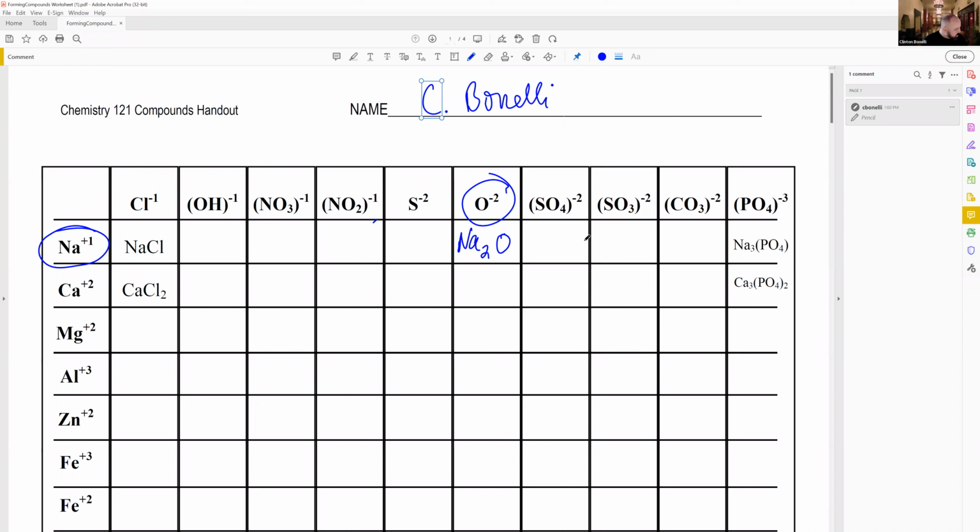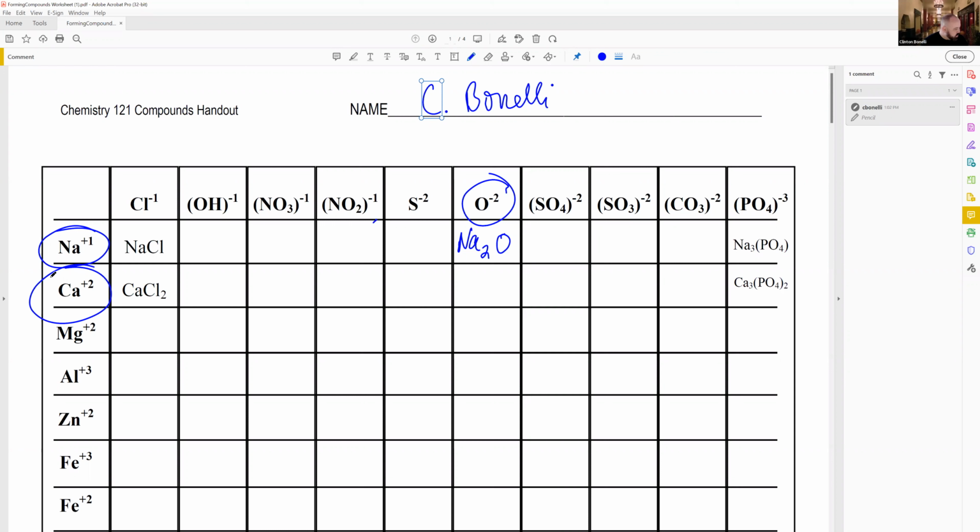Now, let's say that oxygen, which needs 2 electrons, comes into contact with calcium, the second one down here. Your first inclination might be to crisscross the valences and make them into subscripts here as well, right?